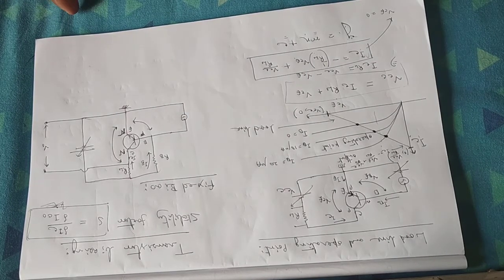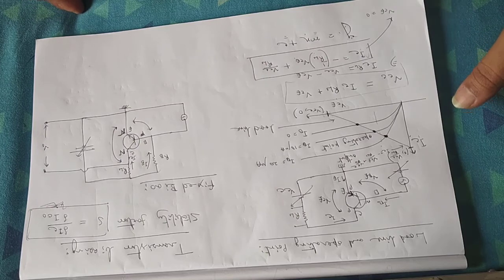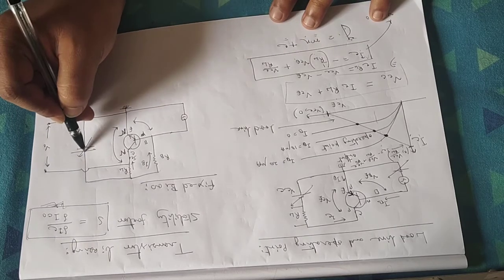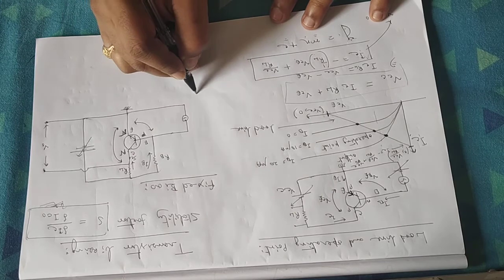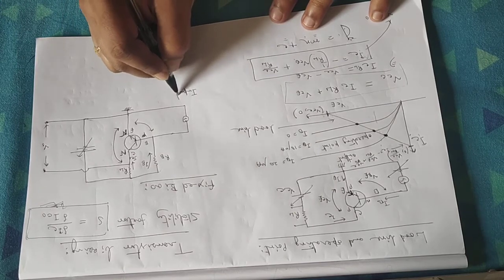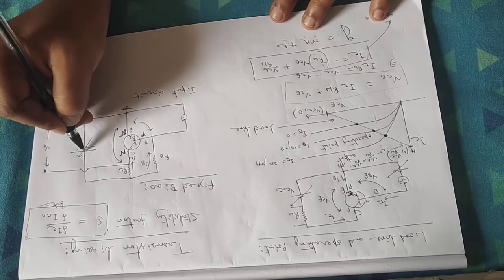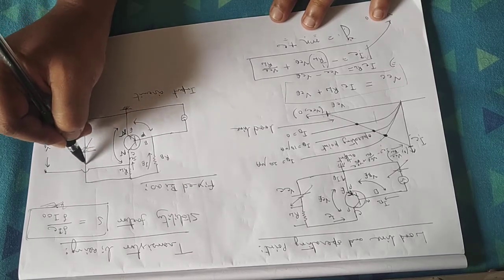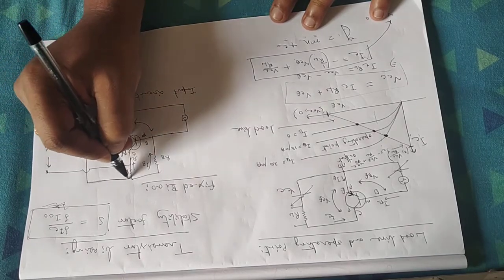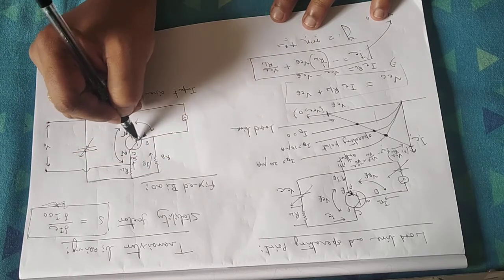Now for this circuit, we calculate the input and output circuits. The input circuit starts from the battery and goes through this line and that line.